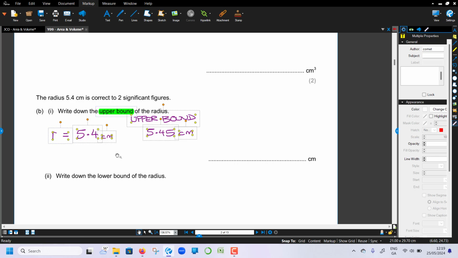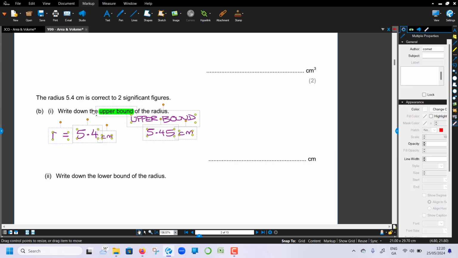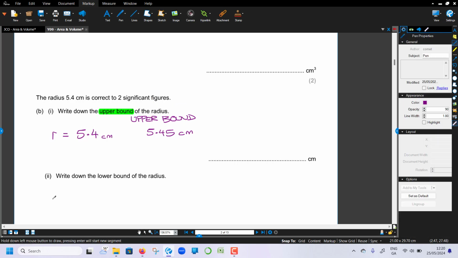We can actually just copy all of this down, can't we? If it lets us. So I'm just going to copy this whole stuff down. It's not letting me for some reason. Okay. I'll just rewrite it. R equals 5.4 centimeters. And lower bound, as I said, just rewrite it. 5.